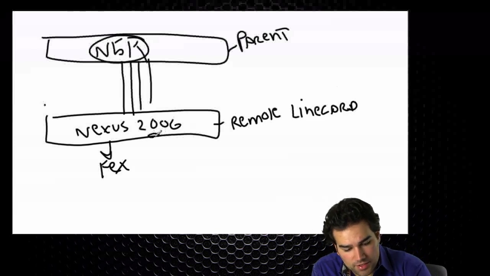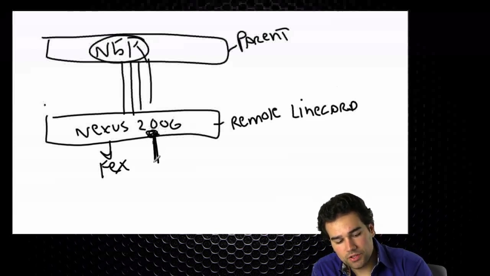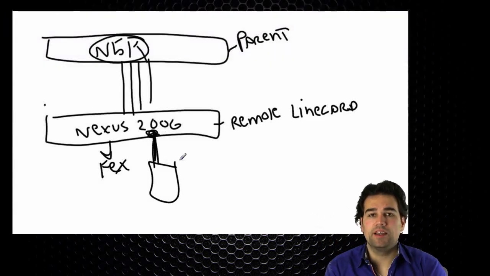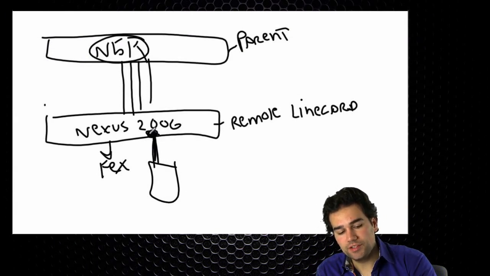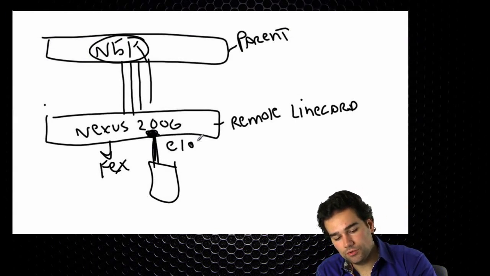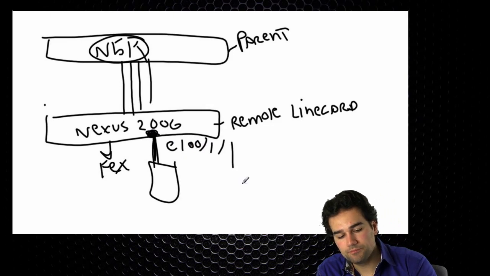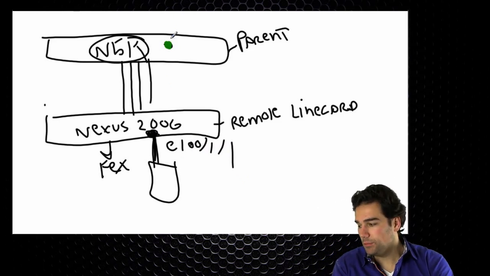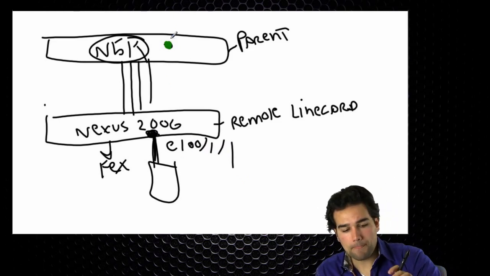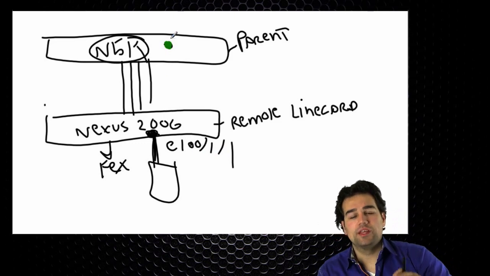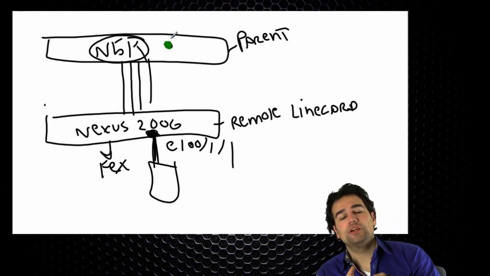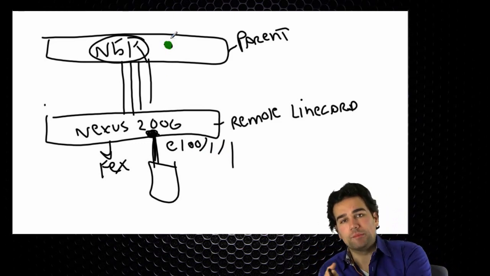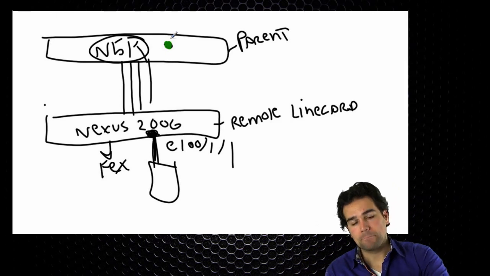So my client interface here, connecting to a server or anything behind that, that port configuration, Ethernet 100/1/1, that configuration is hosted here in the Nexus 5K, in the parent switch. So with a remote line card, I see them as configuring ports on another line card in my chassis. That is a Nexus 2000.